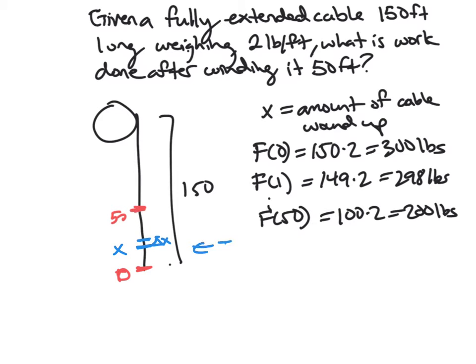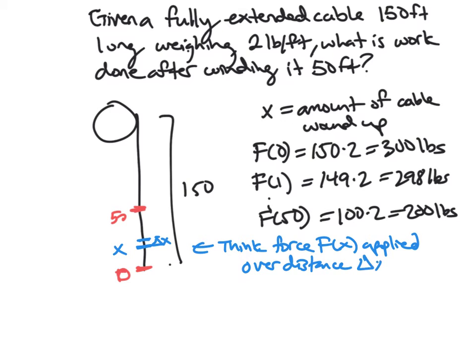So think force f of x applied over the distance delta x. Well, this is exactly how you're getting a Riemann sum, right? So we've got this delta x, this small change in x, and we want to think of a constant force applied across that. And so basically we're just adding up these force times distances for constant force over these little small intervals to add up to our total work, right?